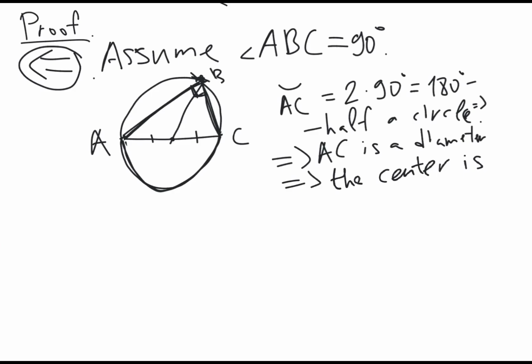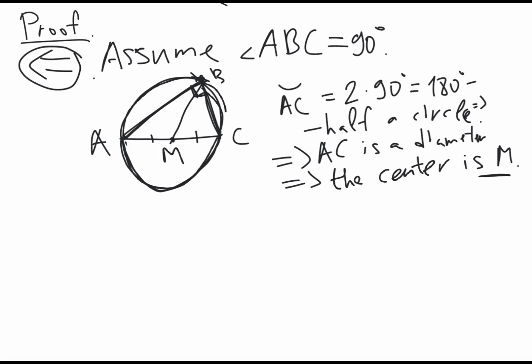So this is exactly the point M that we have. Because the middle of AC is the point M, M is the center of the circumcircle of this triangle, right?